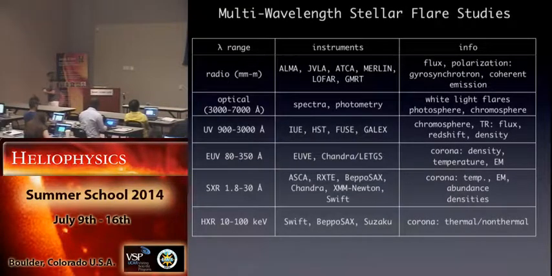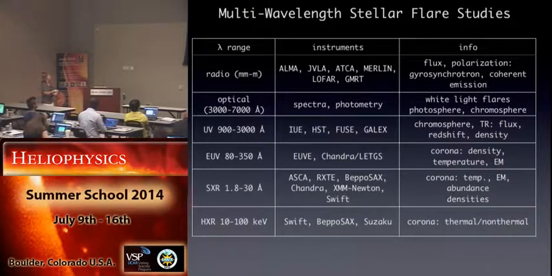And this slide is mostly for reference. This is just from the astronomical point of view, the types of instruments that we use when we do stellar flare observations, the wavelength ranges, the names of some of these instruments. Many of these are archival, and what kinds of information you can get.